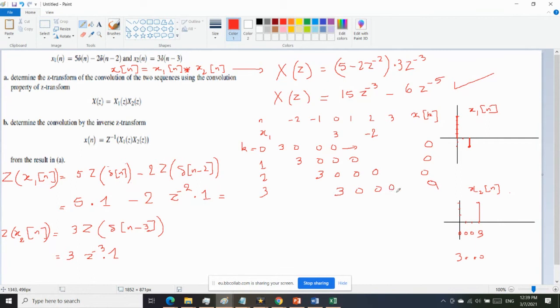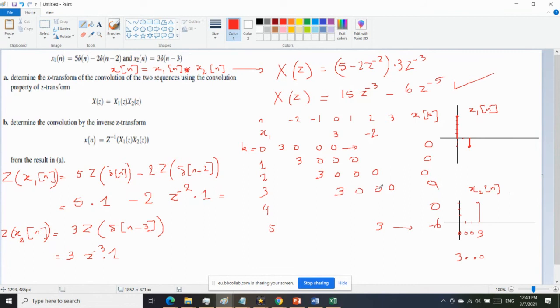And then it moves at 4, it will still be 0. At 5 it will move here, 3 will be here and then 0. So here at 5 we get 3 times minus 2, meaning minus 6.